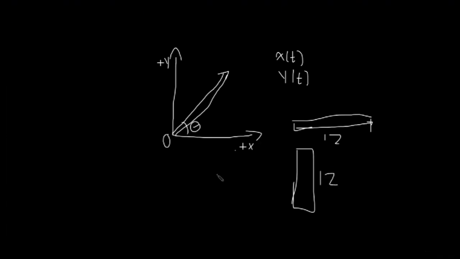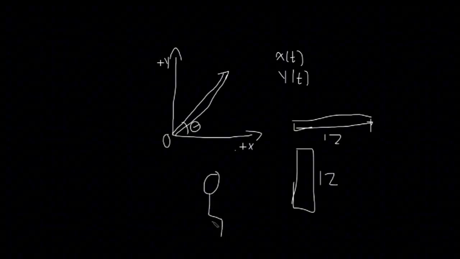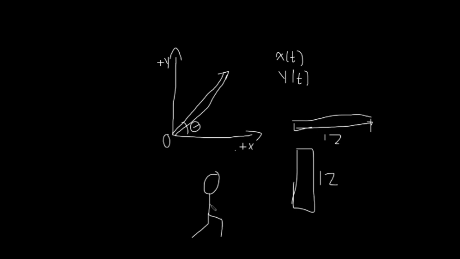Forces are also vectors. For example, when I have this person over here pulling a very heavy object of 1,000 pounds. Now, over here, this would be a vector because it is pointing in a direction.